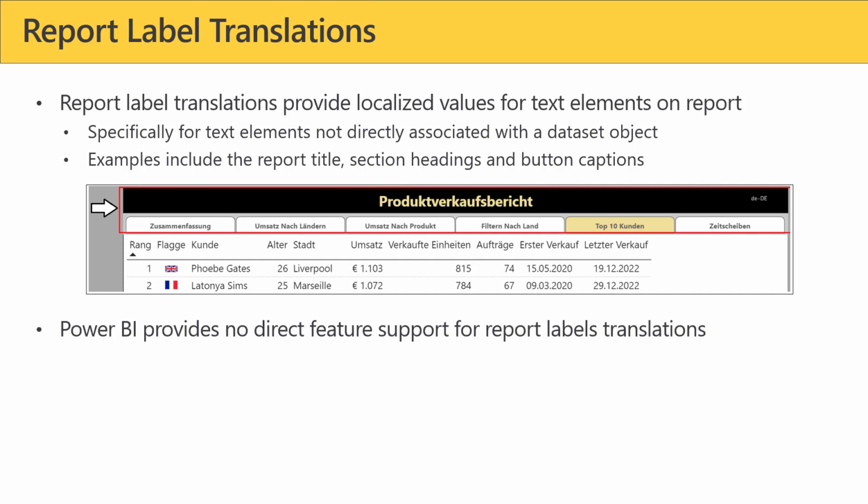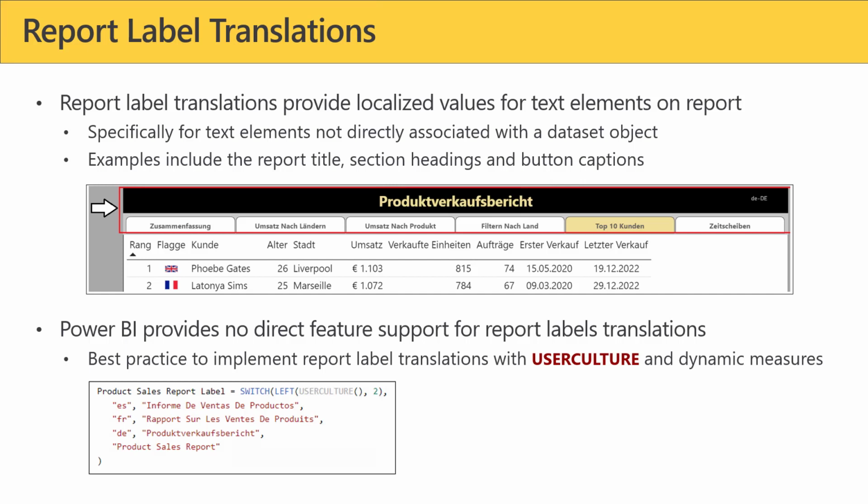Now, unlike metadata translations, Power BI doesn't provide a direct feature to support report label translations. So what do we do? We innovate. And the best practice is to implement report label translations with a user culture function and some type of expression that dynamically performs the translation on the fly.